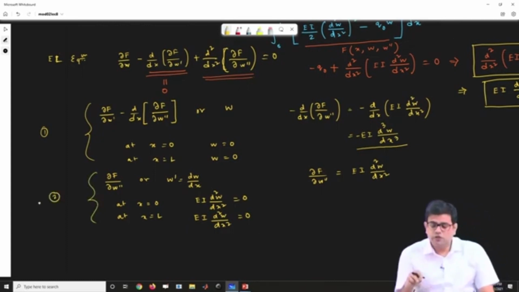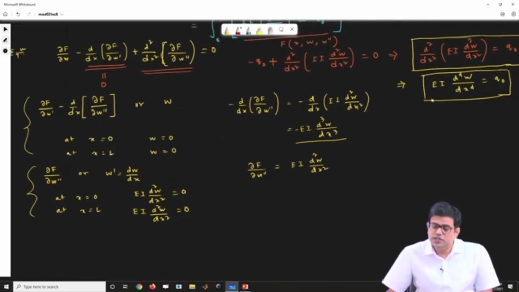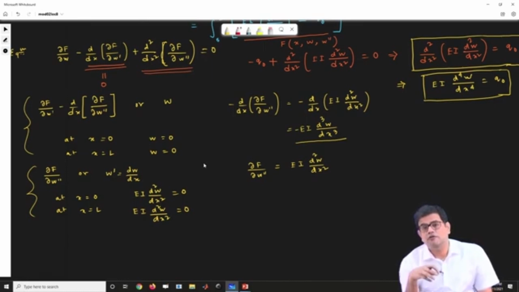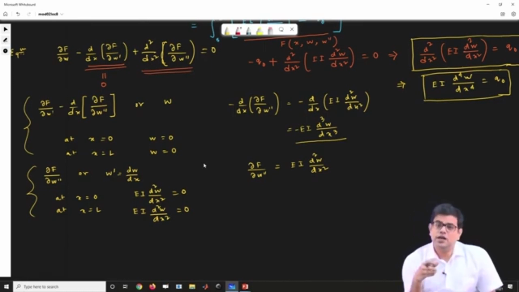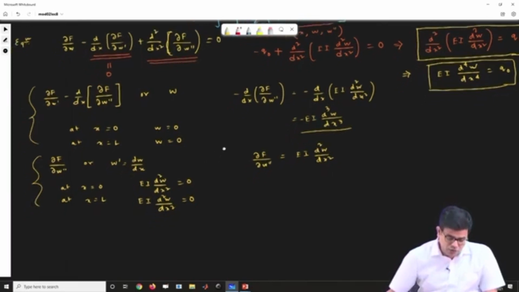So, you see, for solving the beam problem, 4 boundary conditions are required, because the differential equation in terms of displacement in case of a beam is a 4th order differential equation. So, that is why we need 4 boundary conditions, and it is interesting to note that these boundary conditions evolved in the first variation of the potential energy function. So, that we have understood from this.